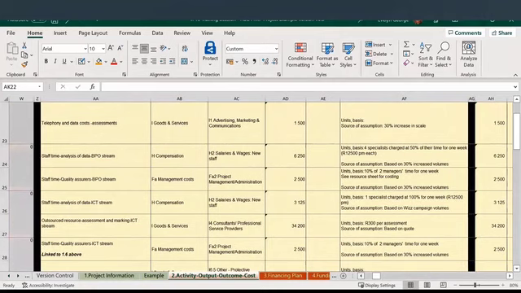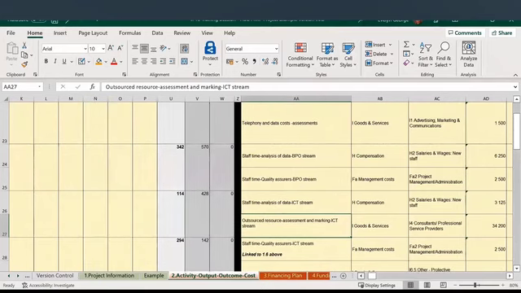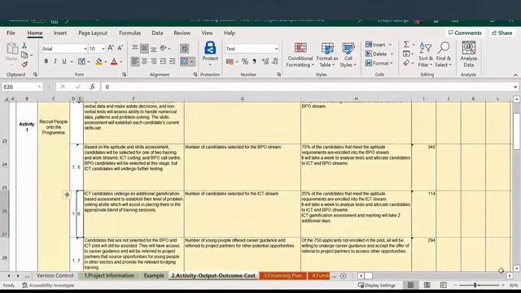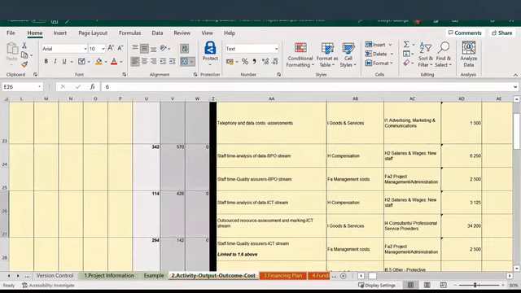One thing I do want to note is that you will note that each activity is allocated 2 rows of costing per activity. It may happen that an activity has more than 2 rows. So for this particular activity, I think it is 1.6, I have 3 sets of costing that I need to outline in the PIMP.